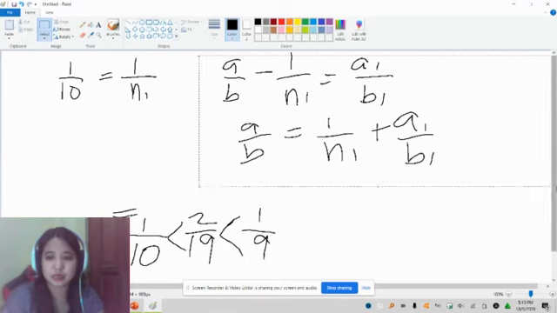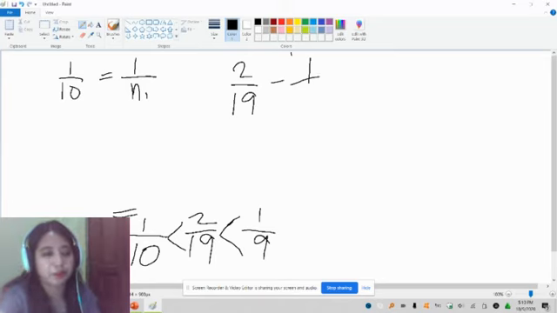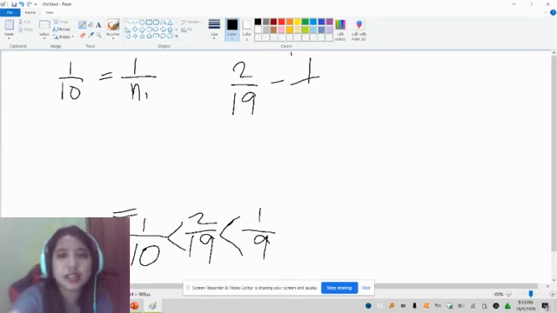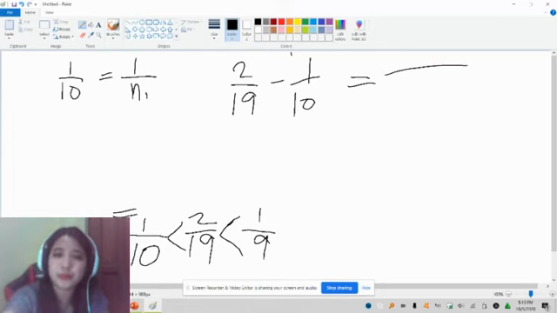So let's delete this part again. Next step. This is the a over b, and a over b is 2 over 19. So 2 over 19 less 1 over 10. In computing this, we can just cross multiply: 20 minus 19 over 190.